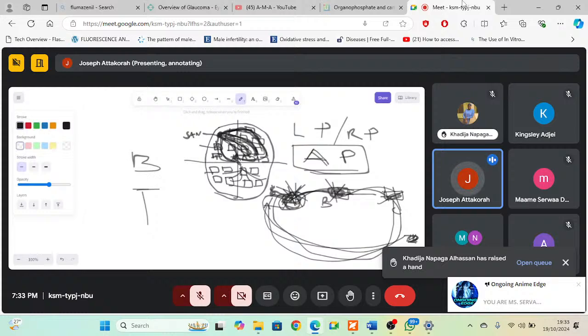I am saying this. The sinoatrial node will be releasing impulses, and these impulses will travel in different directions. So if you have this, I'm drawing this. Here is A, this line is B, this line is C. Impulses will be released from the sinoatrial node. It's a pacemaker.